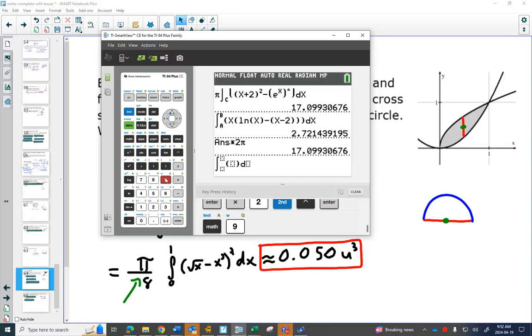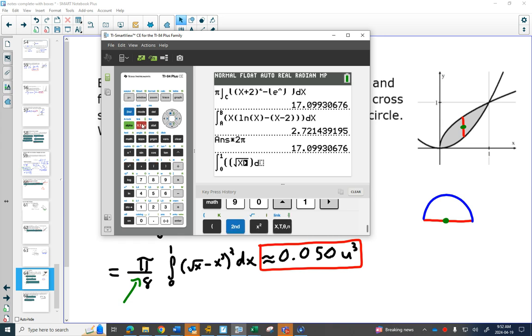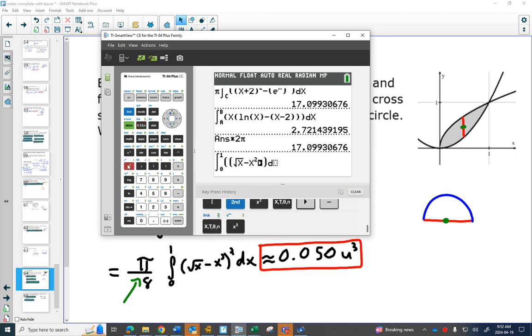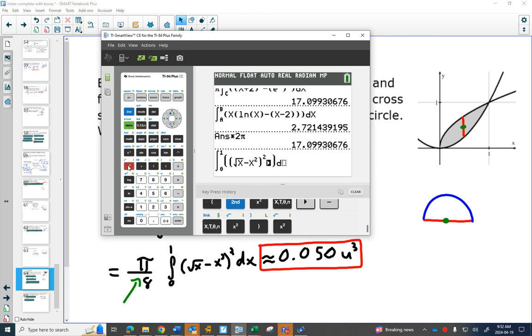There we go. There it is. We're going to go from 0 to 1, bracket, square root of x minus x squared, bracket squared, dx.